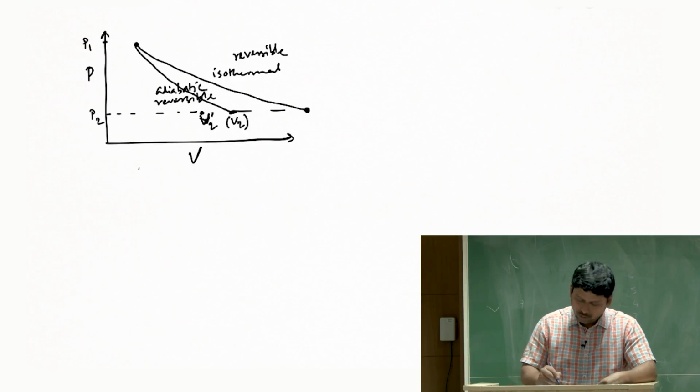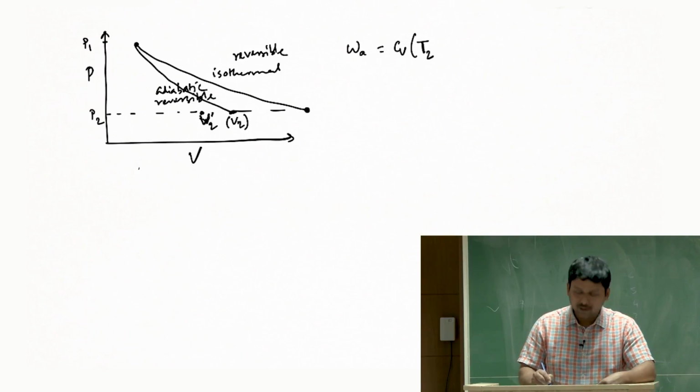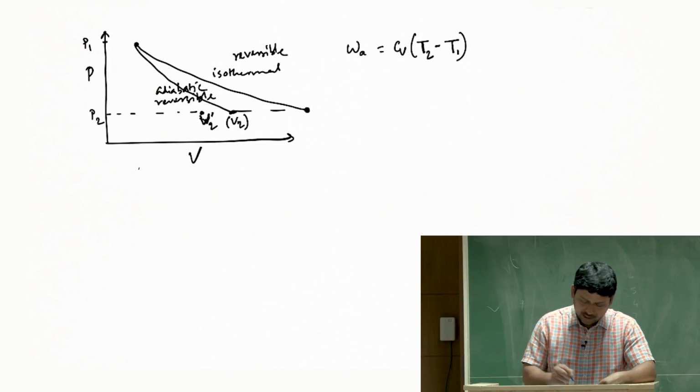Then we know the work done in an adiabatic process is Cv delta T, where the final temperature for a reversible adiabatic process is T2 and the initial temperature we take as T1.